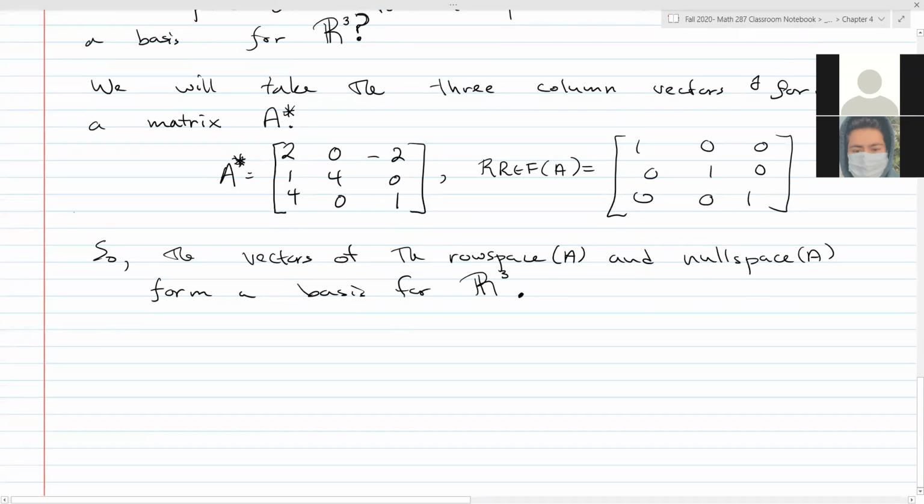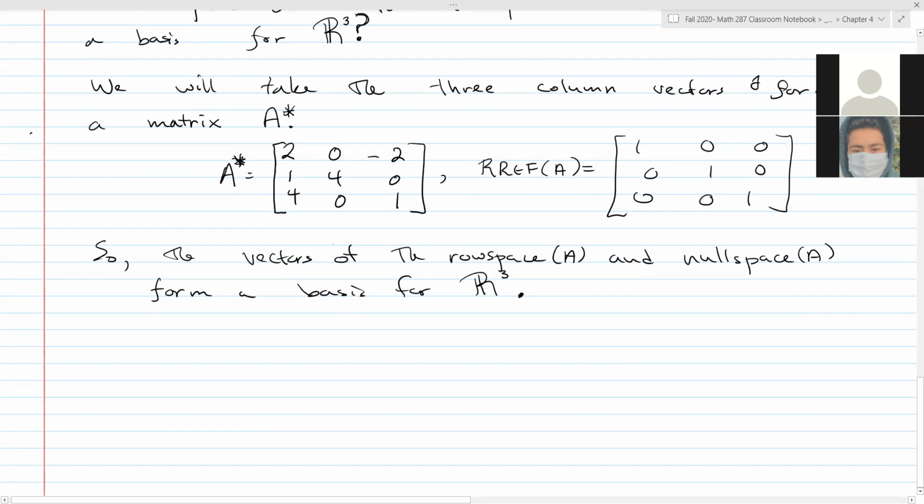Professor, I had a question. When you're writing down the row space, the column space, or the null space, do you write it down from the matrix A or the REF of A? So for the row space, you're going to use the REF of A, the row reduction.